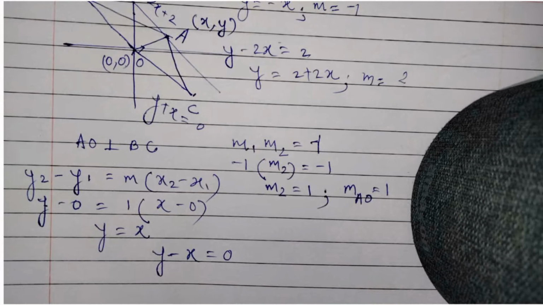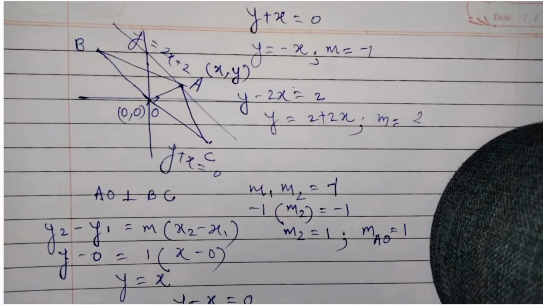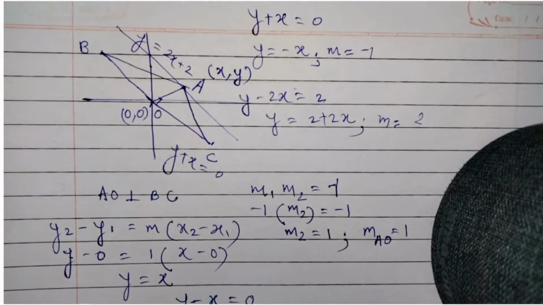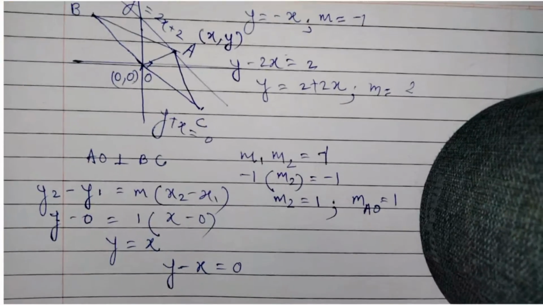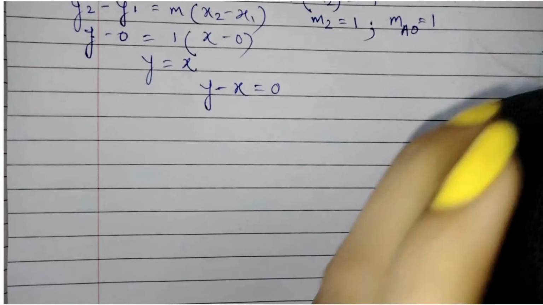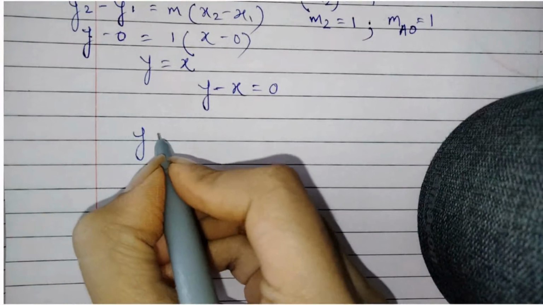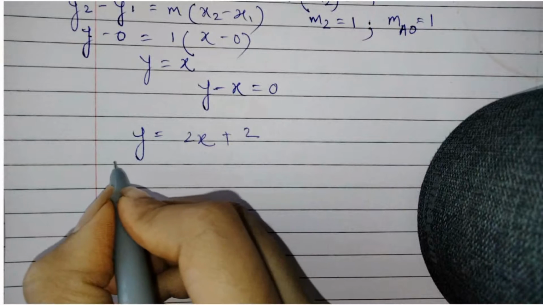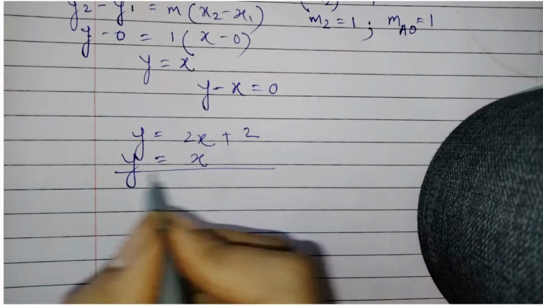Alright. So now we know the point A lies on the line y minus x is equal to 0. And in the question it is already given to us that it lies on this line as well. So when we solve these two equations, we can find the exact coordinates of A. So let us take the equation given to us in the question, y is equal to 2x plus 2, and what we have found out is y is equal to x, right?